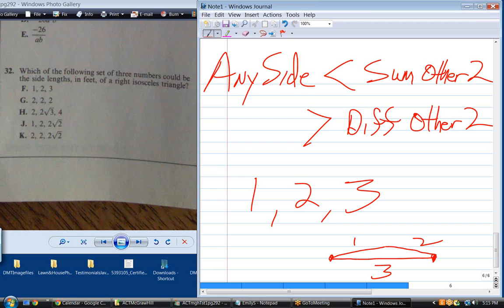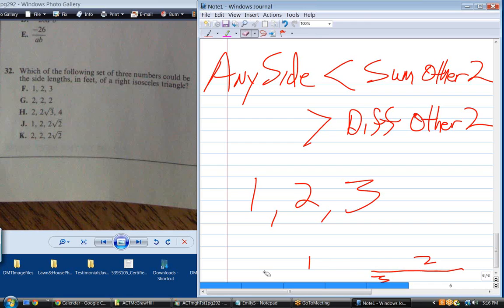So if the distance of that base of that triangle is 3, then there's no way the sum of these two sides could be 3, because that would violate the principle that the shortest distance between these 2 points cannot be the path of these other 2 sides, because that would be 3, and that's not the shortest distance. The shortest distance has to be a straight line. So I cannot even have a 1, 2, 3 triangle. A 1, 2, 3 triangle would look something like a straight line. In other words, that would be the 1, that would be the 2, and that would be the 3.